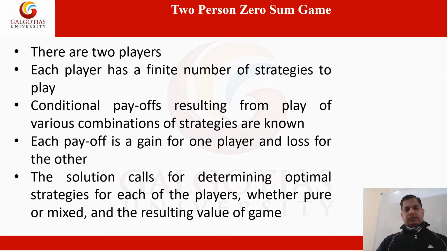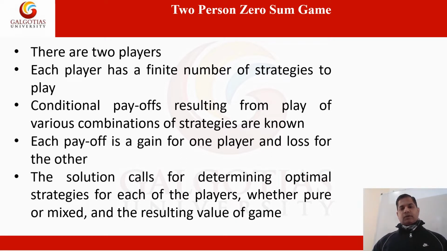The two-person zero-sum game is one where there are only two players. Each player has a finite number of strategies to play. It's not necessary that both have the same number of strategies; A can play with 5 strategies and B can play with only 2 strategies. That can happen. Conditional payoffs resulting from the play of the various combinations of strategies are known. Each payoff is a gain for one player and a loss for the other.